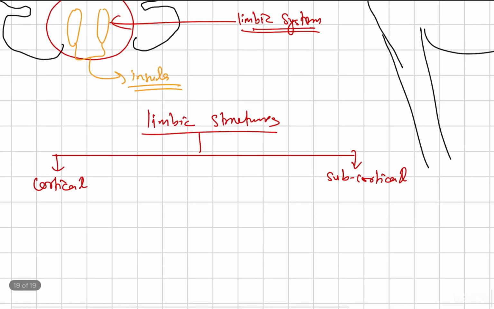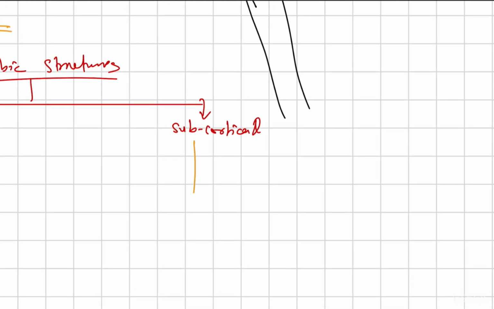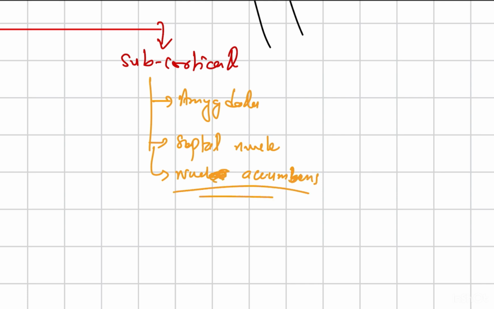When we look at the subcortical region, in the subcortical region there is the amygdala, and septal nuclei, and there is the nucleus accumbens. These are the subcortical structures.